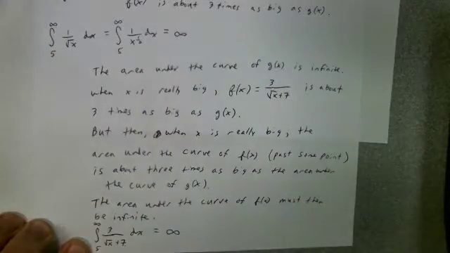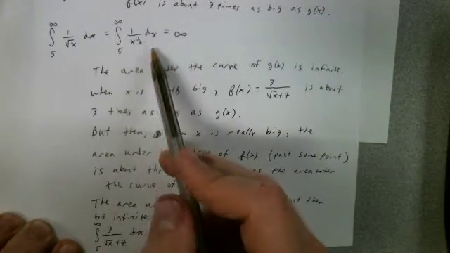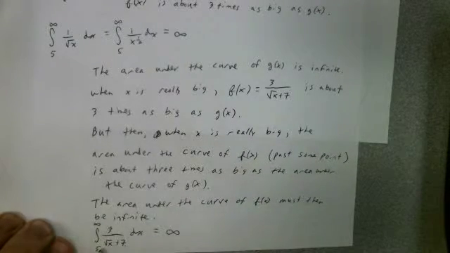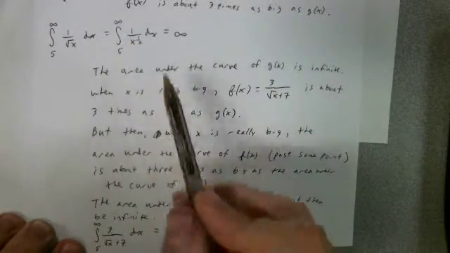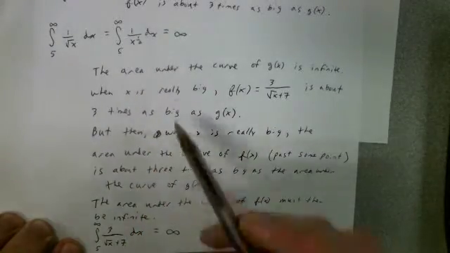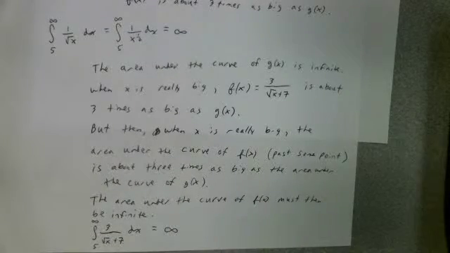Past some point, this guy will have more area under the curve than this guy. So way past when x is 5, the area under the curve here will be about 3 times as big as this area, way off in the distance. So if this area is infinite, this area must be infinite.